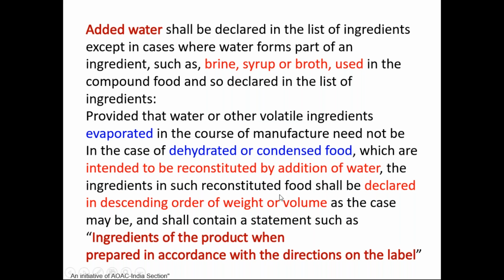In such reconstituted food, you must declare in descending order of weight or volume, as the case may be, a statement that the ingredients of the product, when prepared in accordance with the direction on the label. So you give the list of ingredients after reconstitution with water. You do not put the list of ingredients, you put the label as the ingredient list after reconstitution with water.